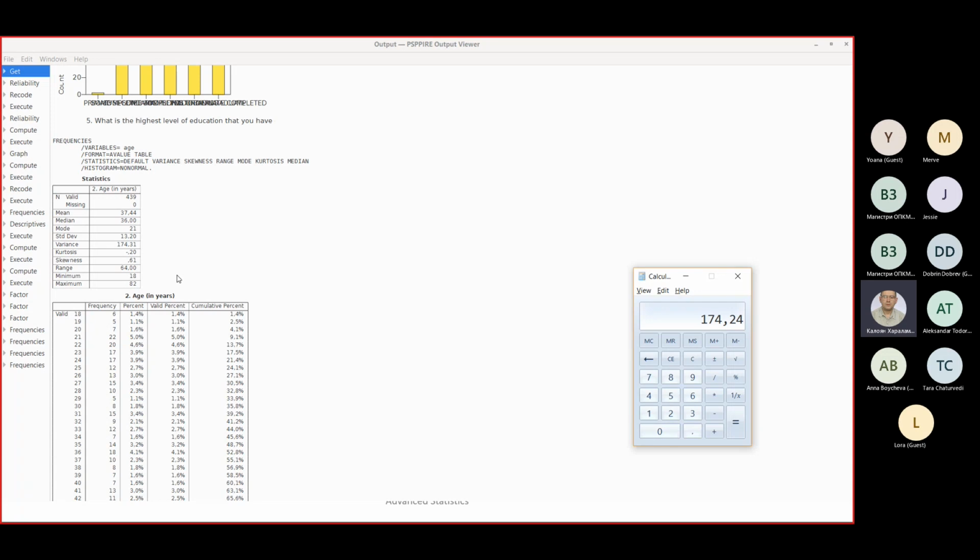So the oldest person is 64 years older than the youngest, or opposite, the youngest person is 64 years younger than the oldest one.